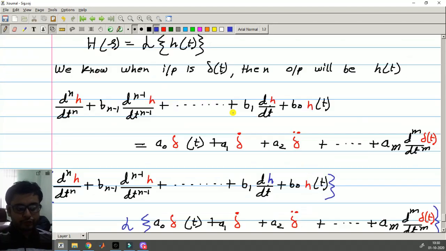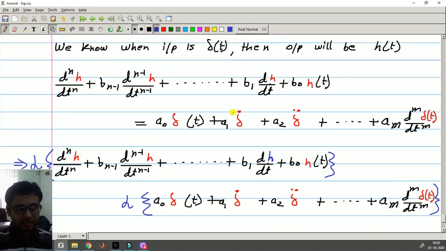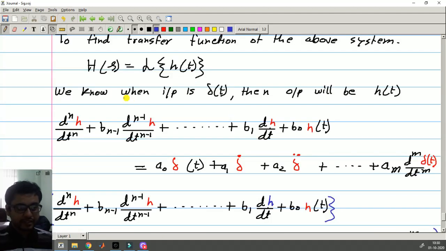And now if you want, you can calculate the impulse response h(t) by taking the Laplace inverse of H(s).